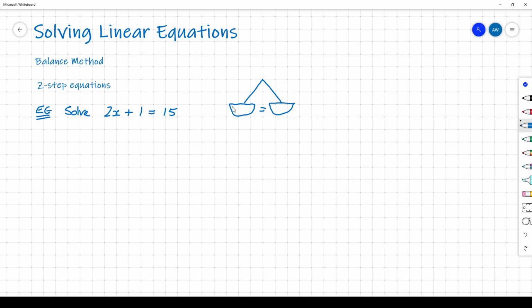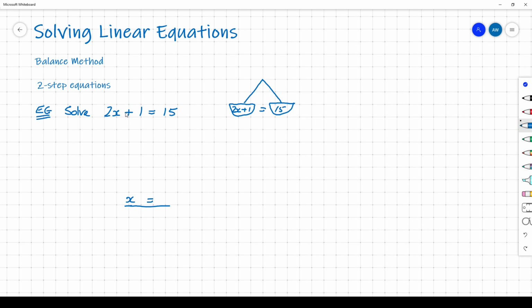In this side we've got 2x plus 1, and on this side of the scales we've got 15. So we need to get x on its own. I'm aiming for x equals something. Okay?